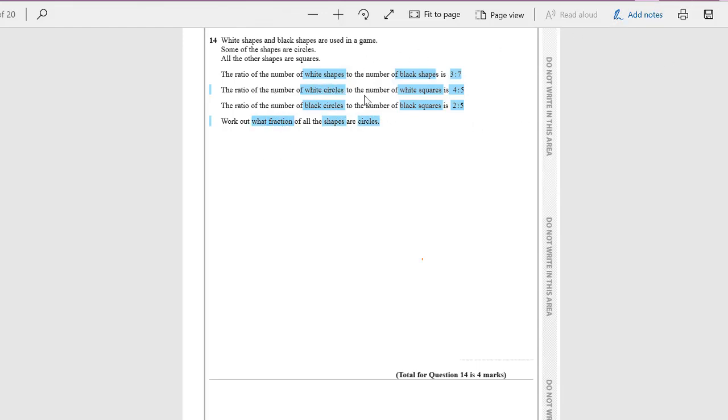Okay, so how many shapes do we have? Well, there's a ratio of 3 to 7, so that means that there are 10 parts. So the white have 3 over 10. The black have 7 over 10. So this is shapes. And then we know that the white circles to white squares is 4 to 5.